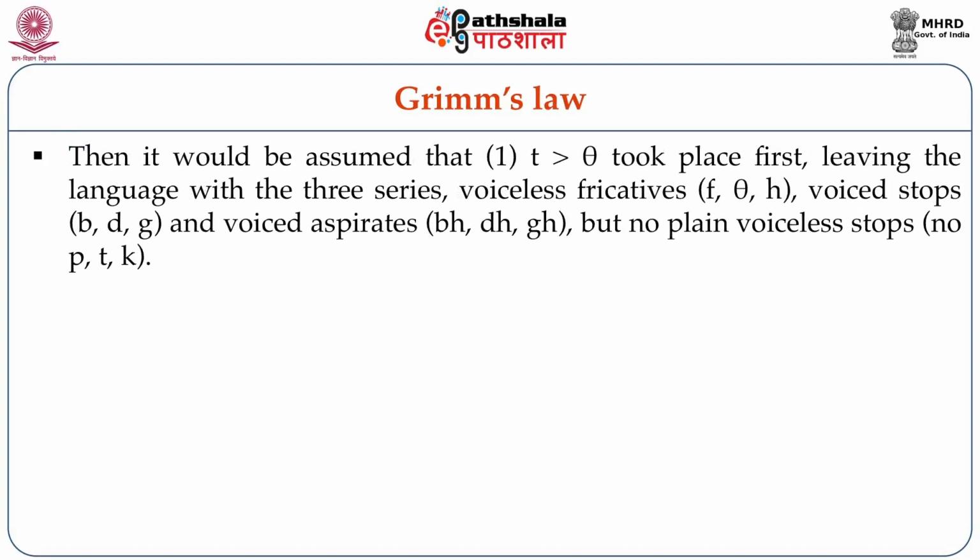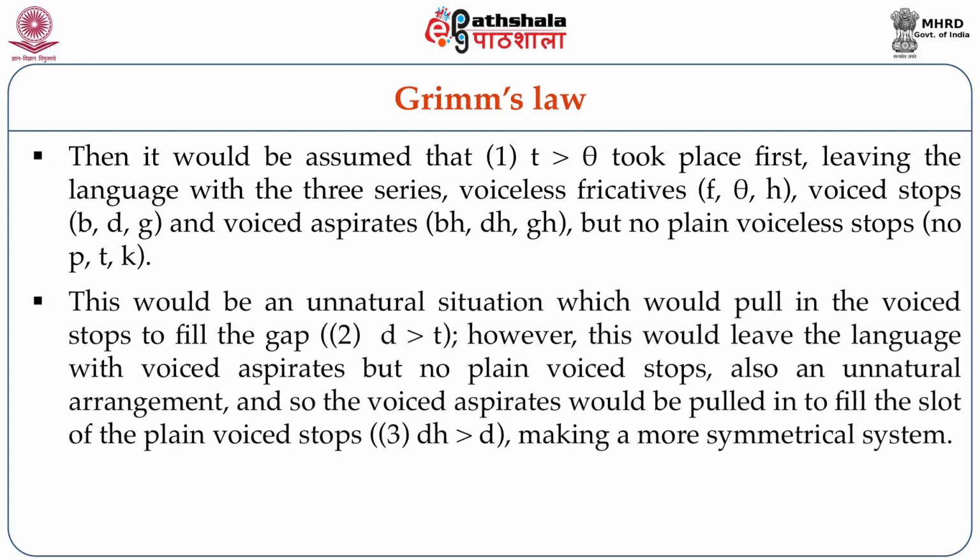The changing to fricative took place first, leaving the language with the three series voiceless fricatives fa, tha, ha, voiced stops ba, da, ga, and voiced aspirates bha, dha, gha, but no plain voiceless stops, that means no pa, ta, ka. This would be an unnatural situation which would pull in the voiced stops to fill the gap.